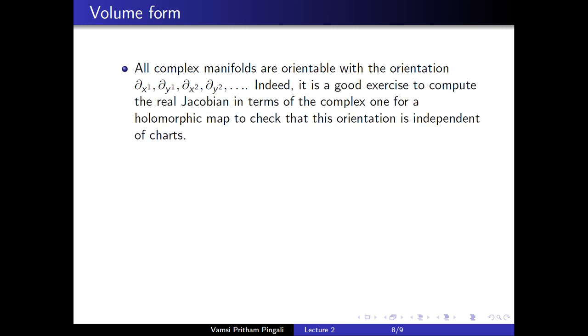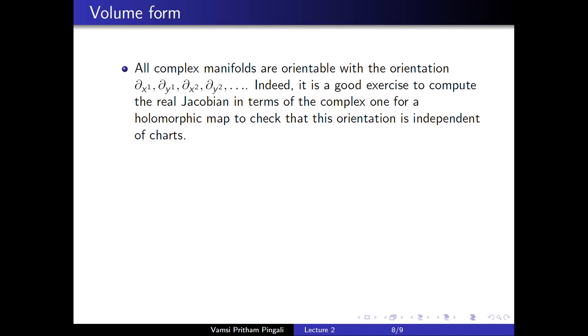In fact, it's a very good exercise to do the following. Let's just take a map f from M to itself. Okay, M is a complex manifold and f is a smooth map from M to itself. Or to make it easier, take a holomorphic map f from M to itself. So locally in holomorphic coordinates, its derivative matrix is going to be an n cross n complex matrix, right?